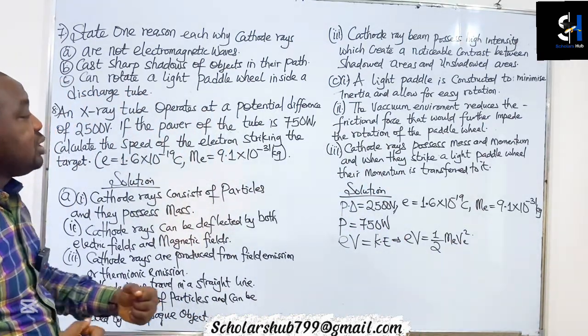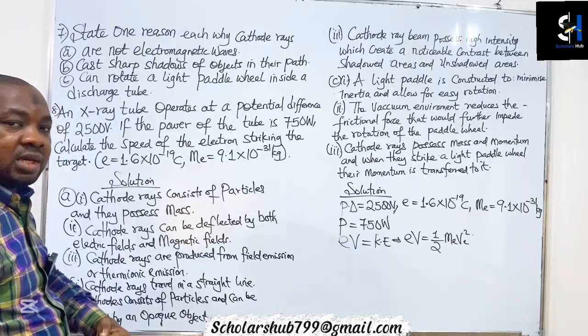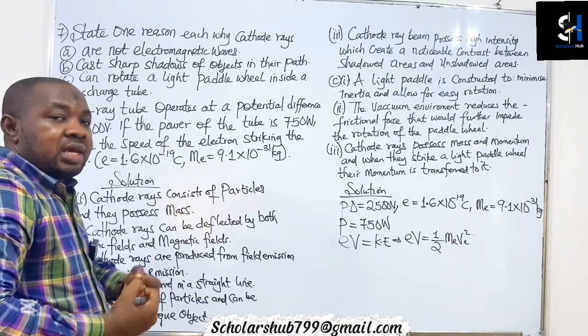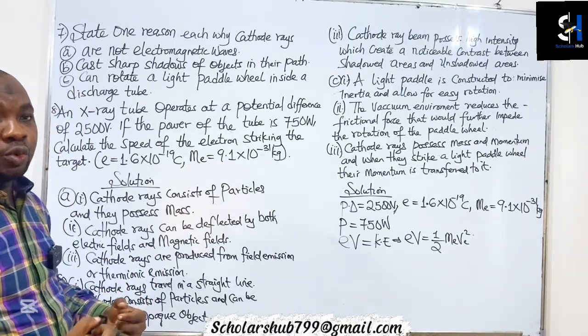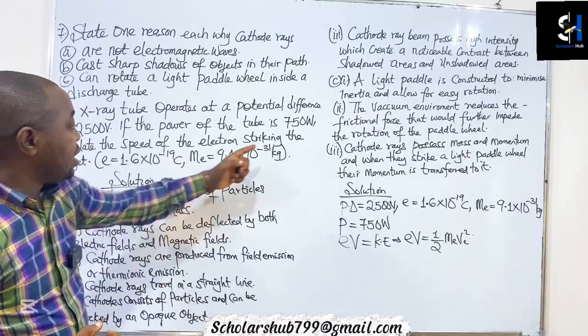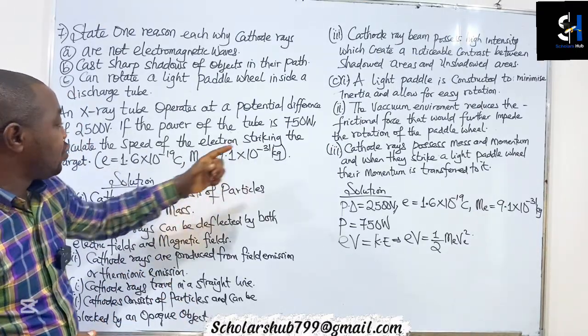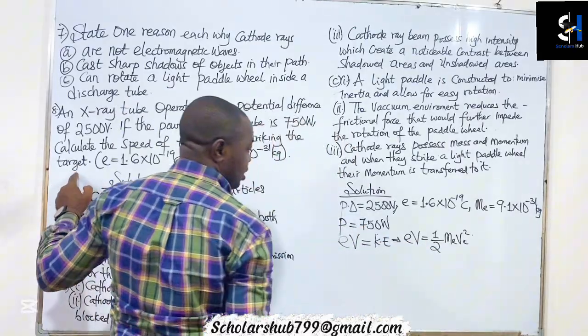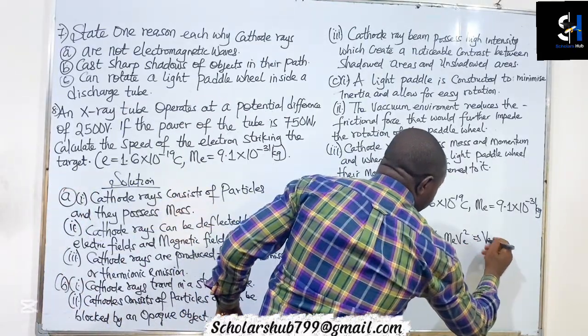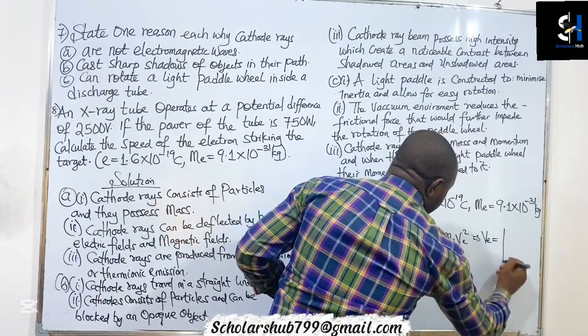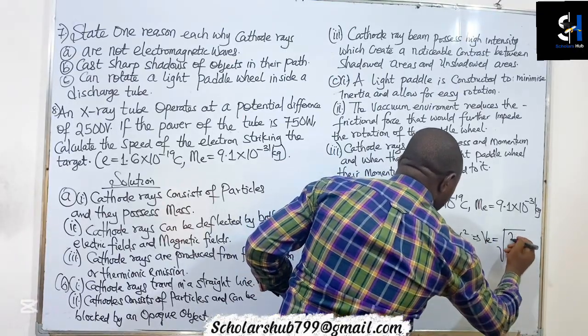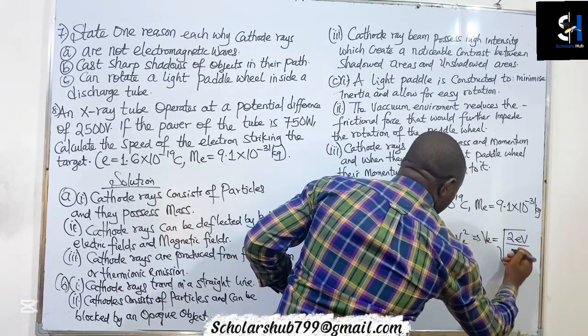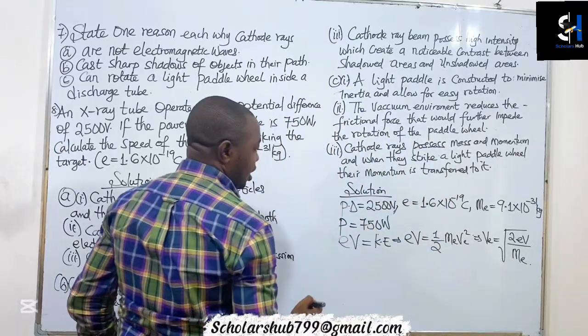Because the electron is accelerated, it gains enough energy to move. The speed of the electron striking the target is v_e. So if we make v_e the subject of the formula, this will be equal to the square root of 2eV over the mass of the electron.